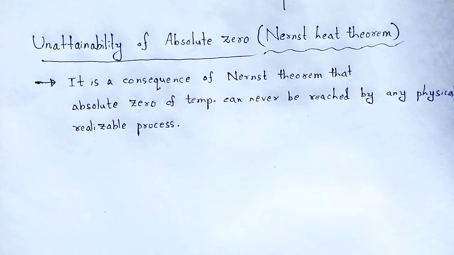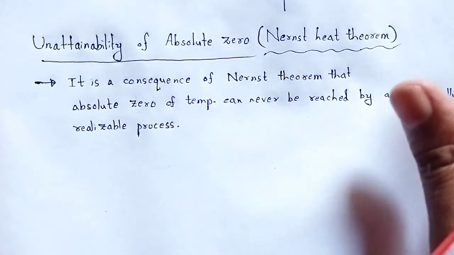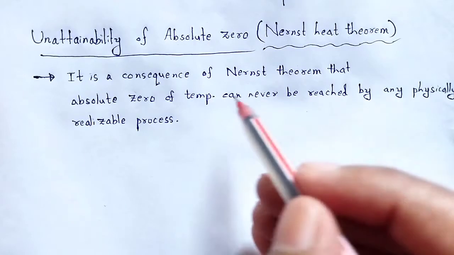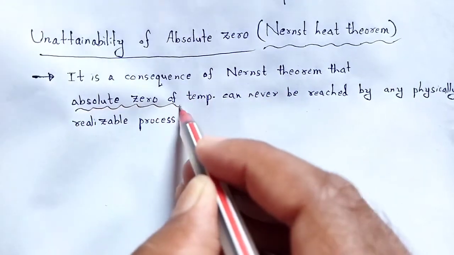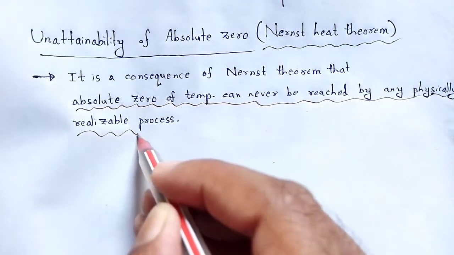If we take various physically realizable processes, we can't reach absolute zero. That was proposed by the scientist Nernst.